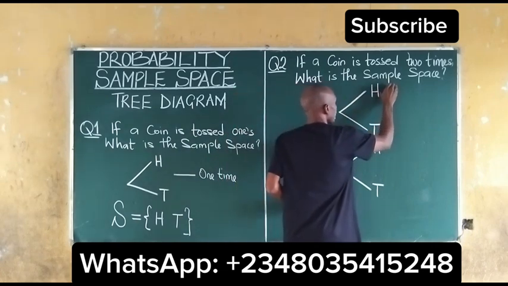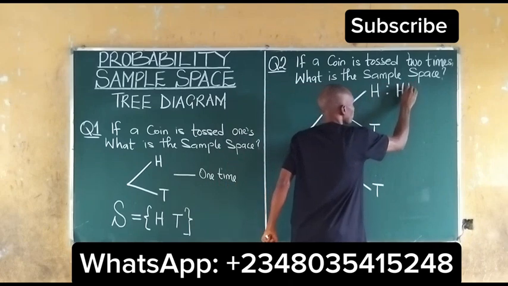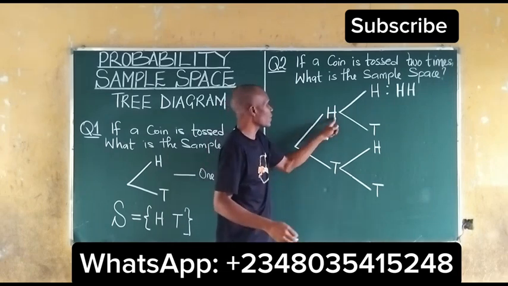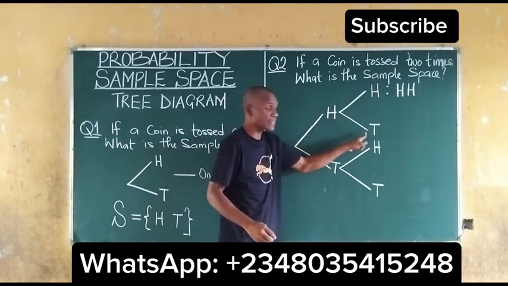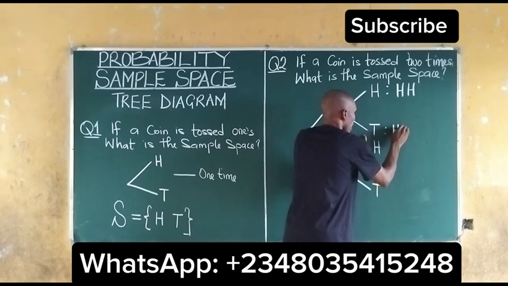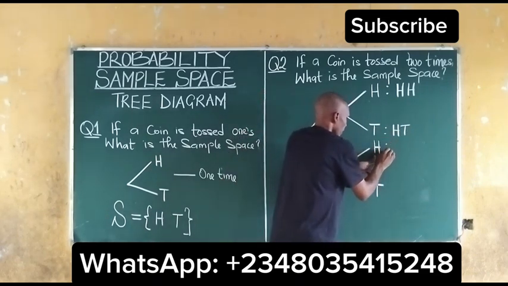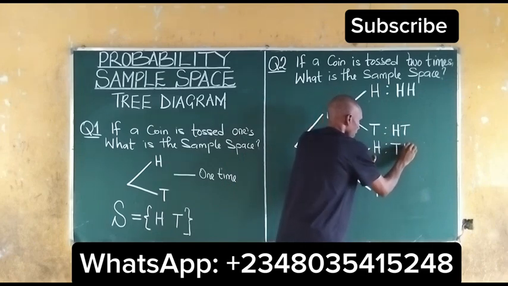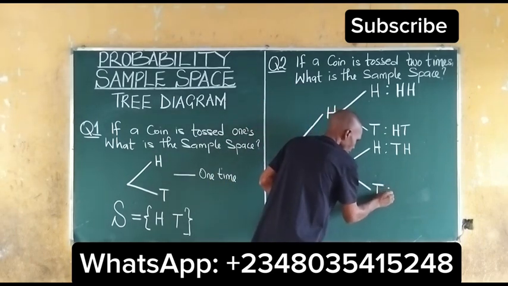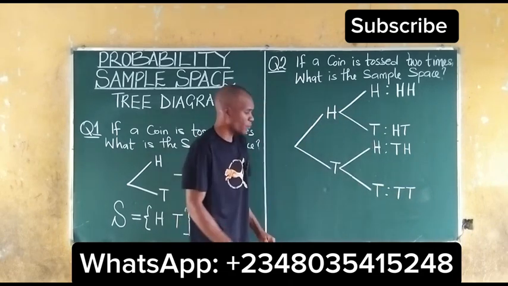To write out the outcomes, we can say head, head. These are the possible outcomes of the experiment. If you toss two coins, you either get head, head, or head, tail, or tail, head, or tail, tail.